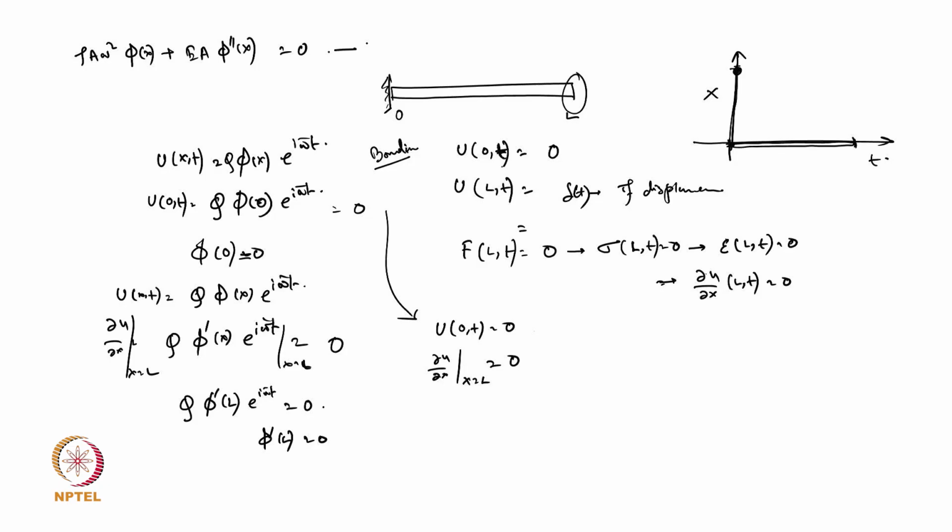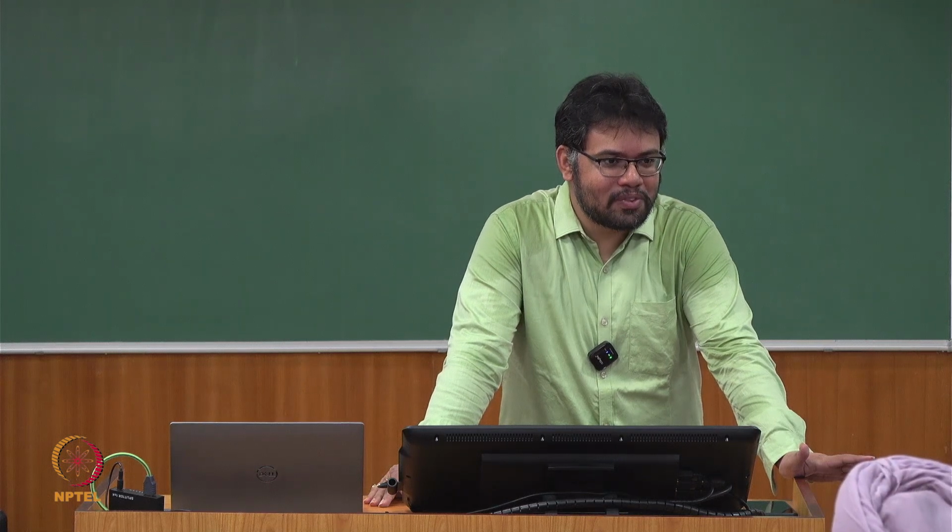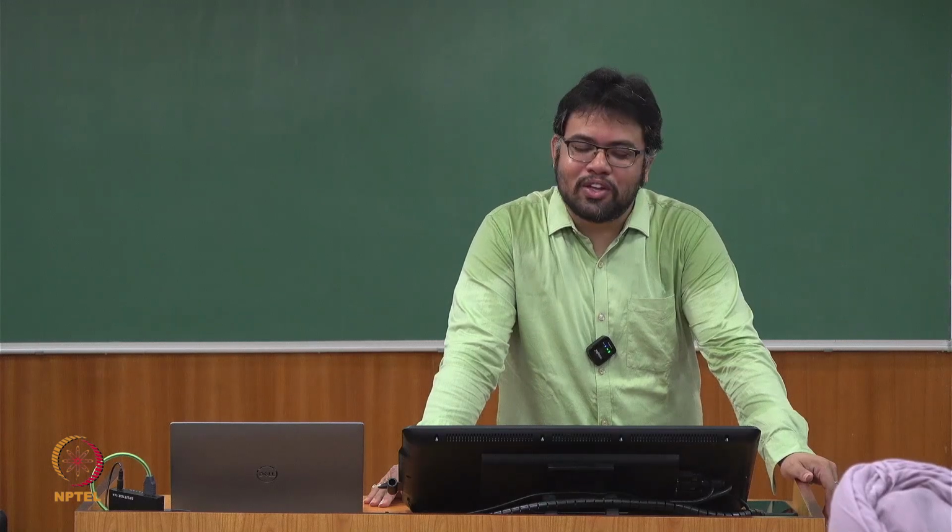So if that is my equation 1, this is my equation 2, this is my equation 3. So what was our target? We should not forget what we actually want to do. So what is phi x? We need to find the expression for the phi x that we are trying to solve here. Okay, good.